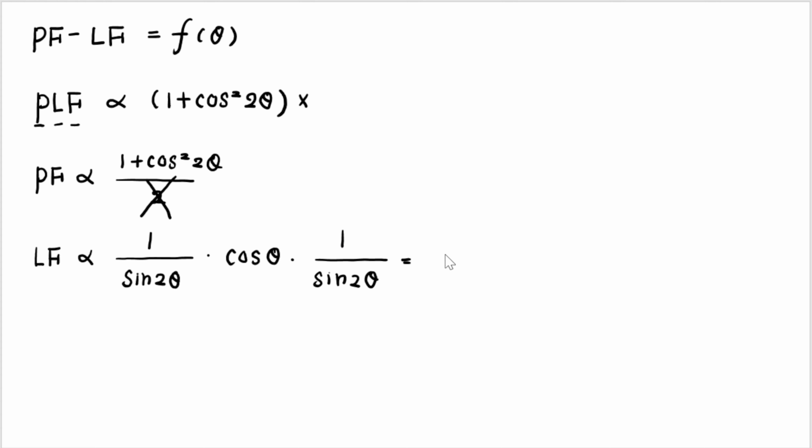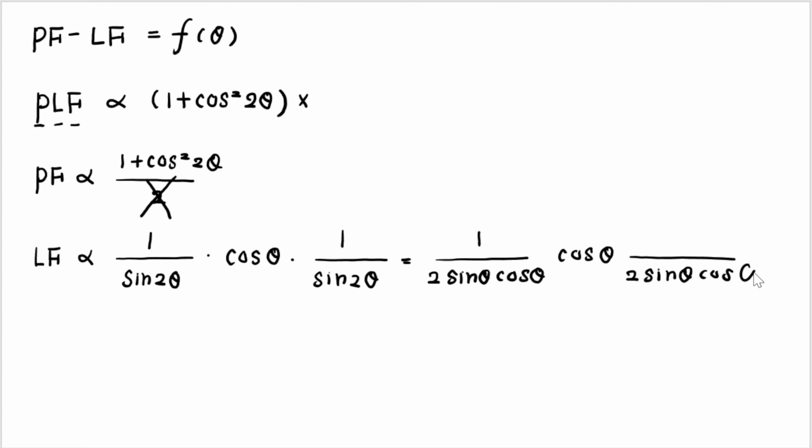Sine 2 theta will be 2 sine theta cosine theta, and cosine theta again. So 2 sine theta cosine theta.